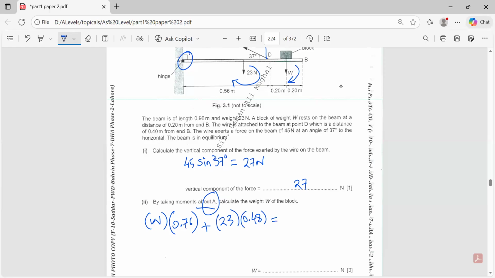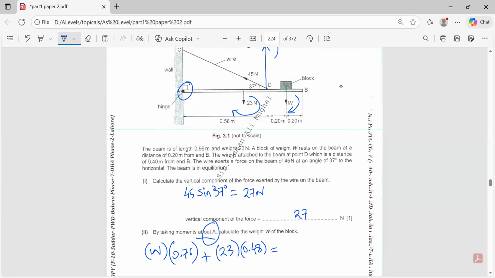And next we will be having the anti-clockwise one. This is the vertical force and it is acting at 27 multiplied by the distance till point A, which is 0.56. This is the distance for this force, right?